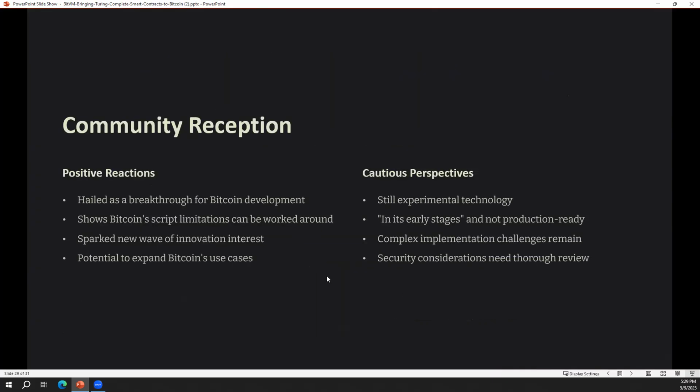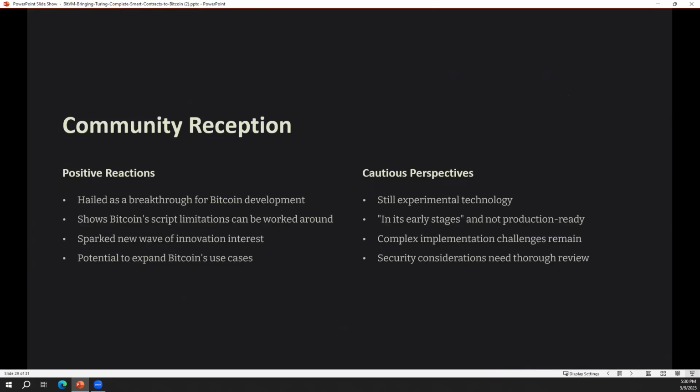So we have the community reception here in this slide. We have positive reactions. It is hailed as a breakthrough for Bitcoin development. It shows Bitcoin's script limitations can be worked around. It has sparked a new wave of innovation and interest in its potential to expand Bitcoin's use cases.